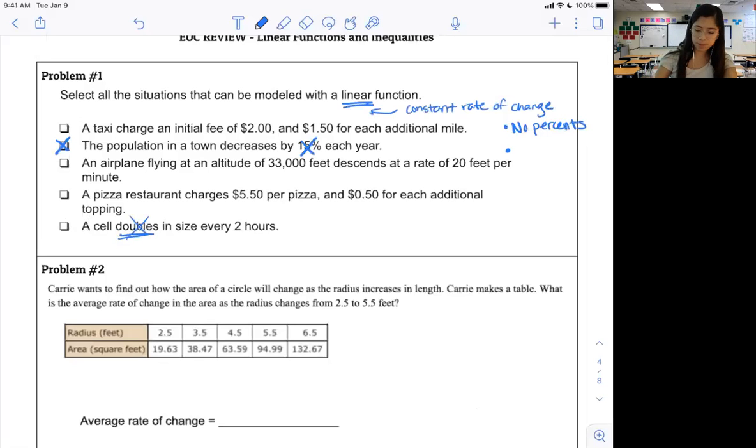It means you're multiplying. So no multiplication words. What type of functions would those two be? If they're not linear, what are they? Good. They're exponential. So no factors, yeah.